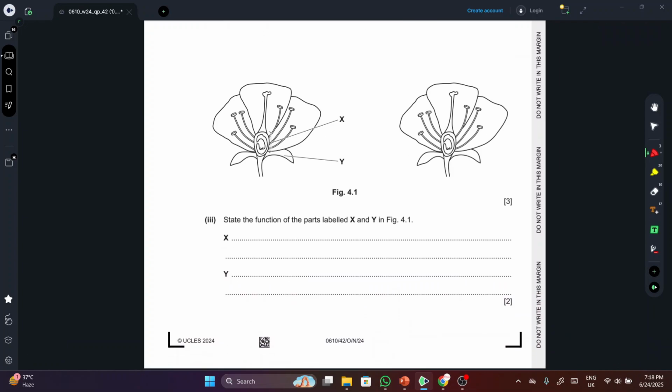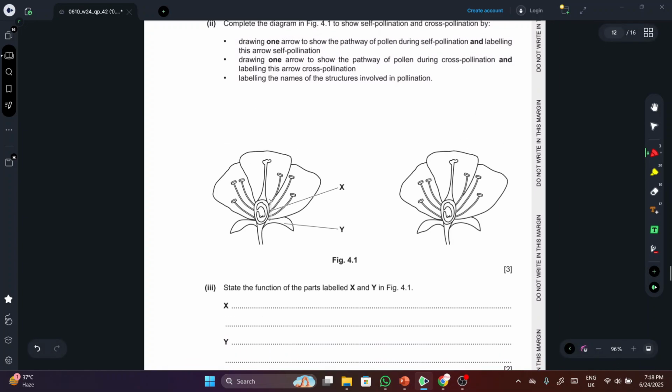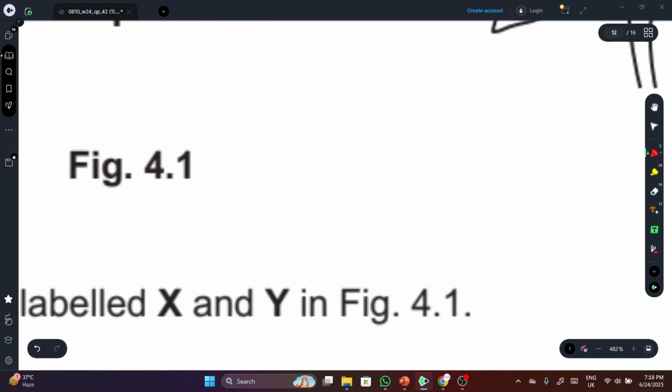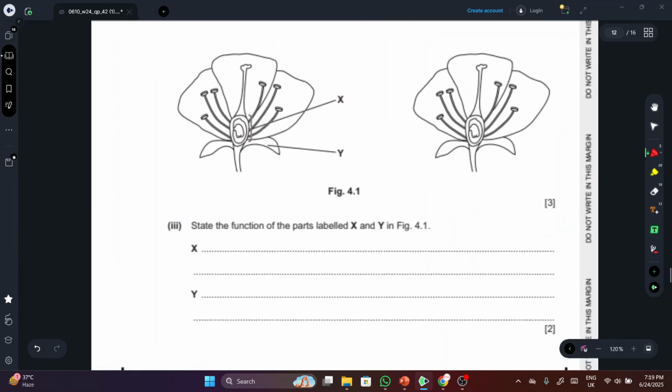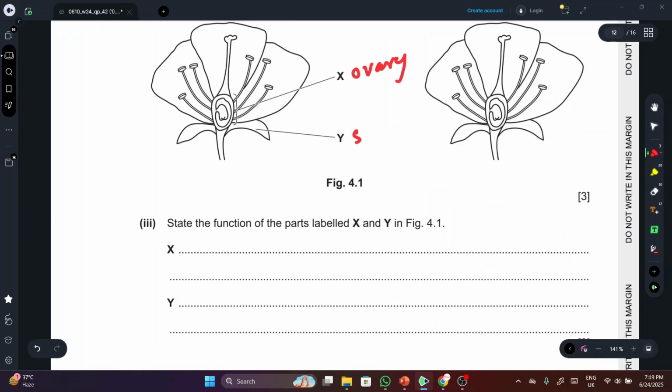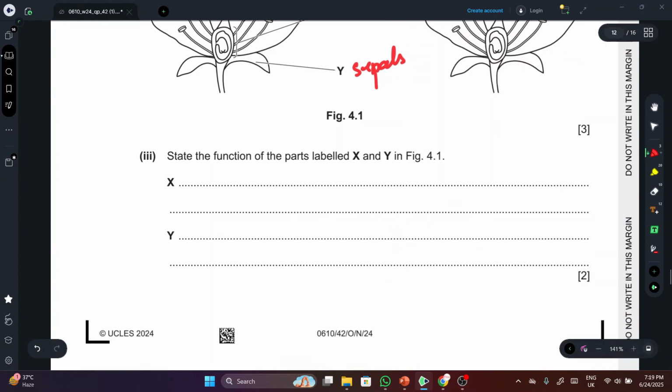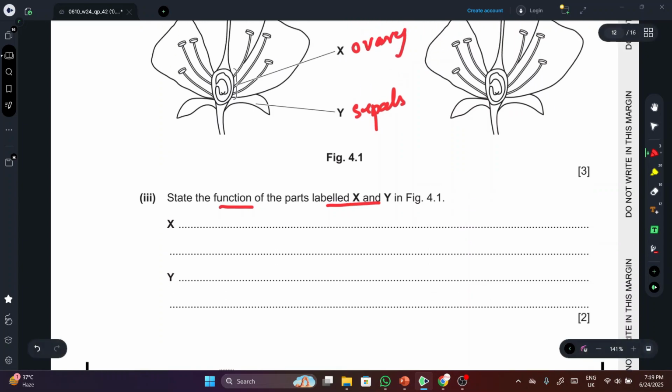The next question is related to plants. The question is about labeling. What is X? X is the part of the plant which is the ovary, and Y is the part of the plant which is the sepals. The function of these parts: the ovary is the area where fertilization occurs, where fusion of gametes occurs, because the ovule is present here.